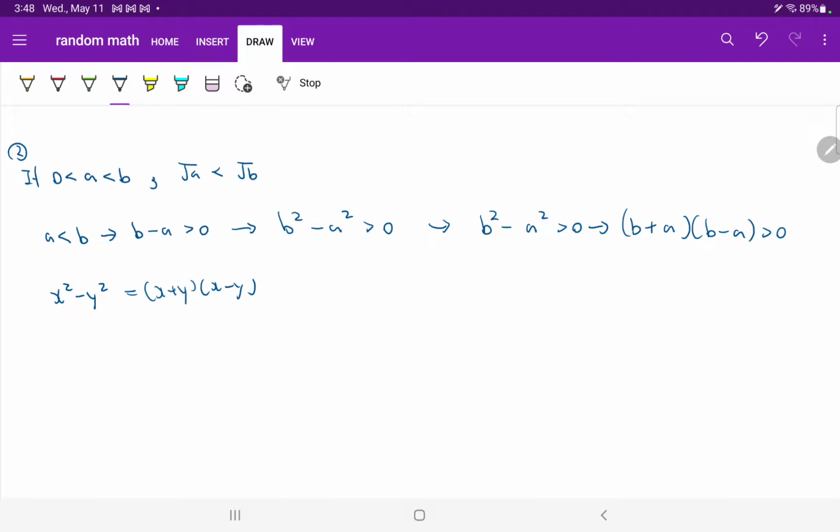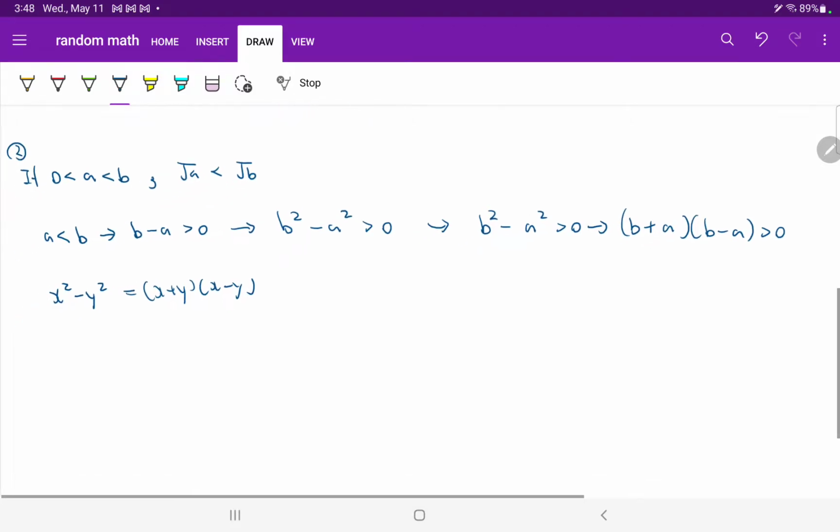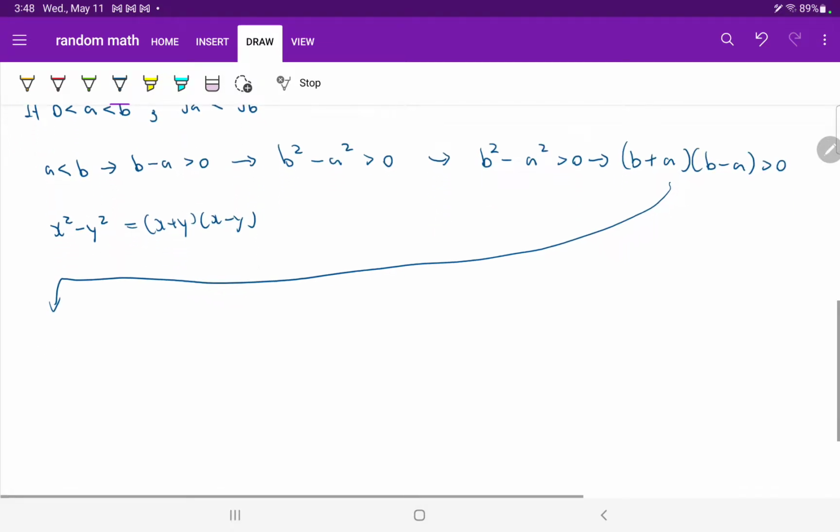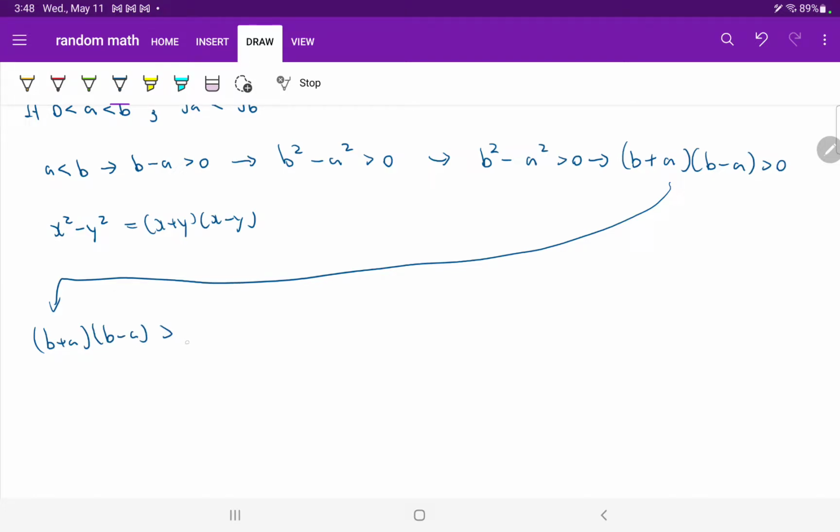Okay, and then we can further change this. Let's actually write it down: b plus a times b minus a bigger than 0. We can further add a square root to it, and it will also be true. So square root of b plus square root of a times square root of b minus square root of a is bigger than 0.